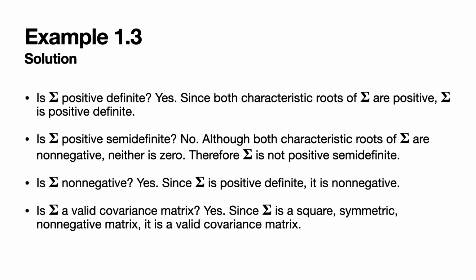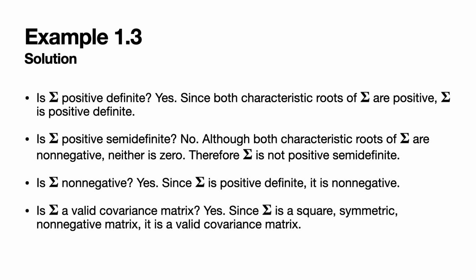Therefore, cap sigma is not positive semi-definite. Is cap sigma non-negative? Yes, it is. Because cap sigma is positive definite, it's non-negative. You'll recall that in order for a matrix to be non-negative, it has to be either positive definite or positive semi-definite. In this case, the matrix is positive definite, and so it is non-negative.